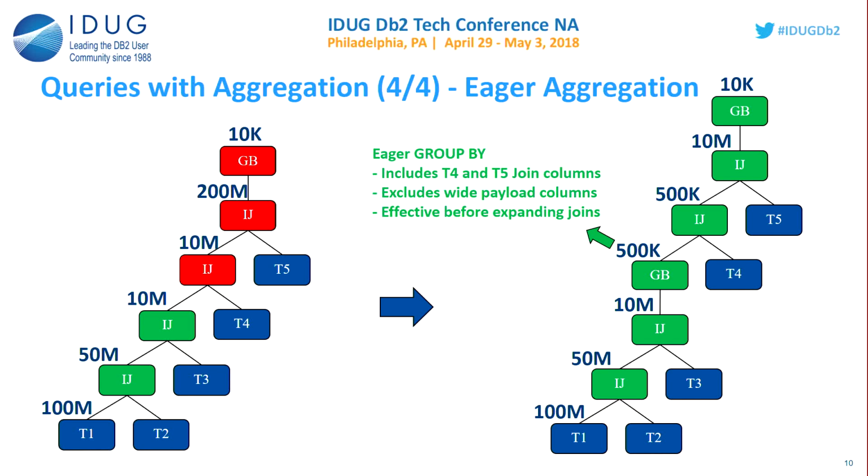We do the join to these filtering joins to these dimension tables, T2 and T3. And here's one where we pick up some wide columns. And here's an expanding join where we increase the stream to 200 million.